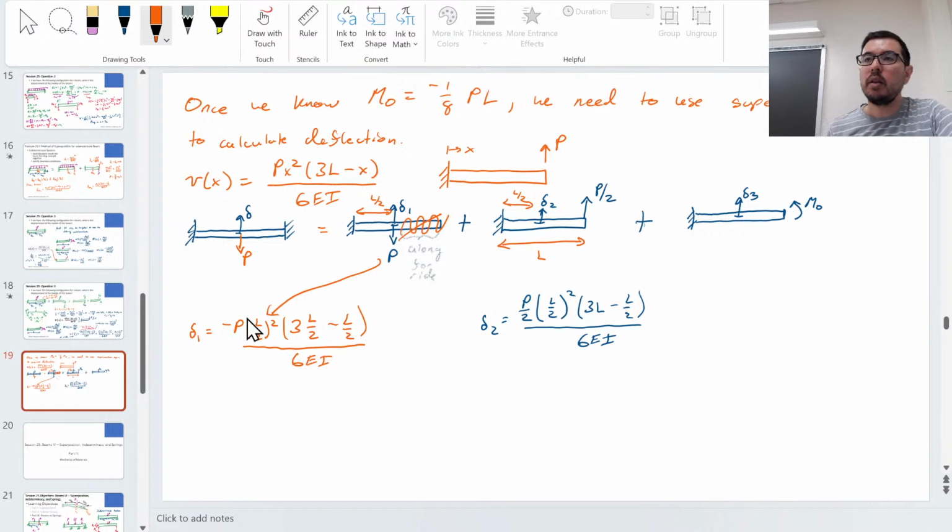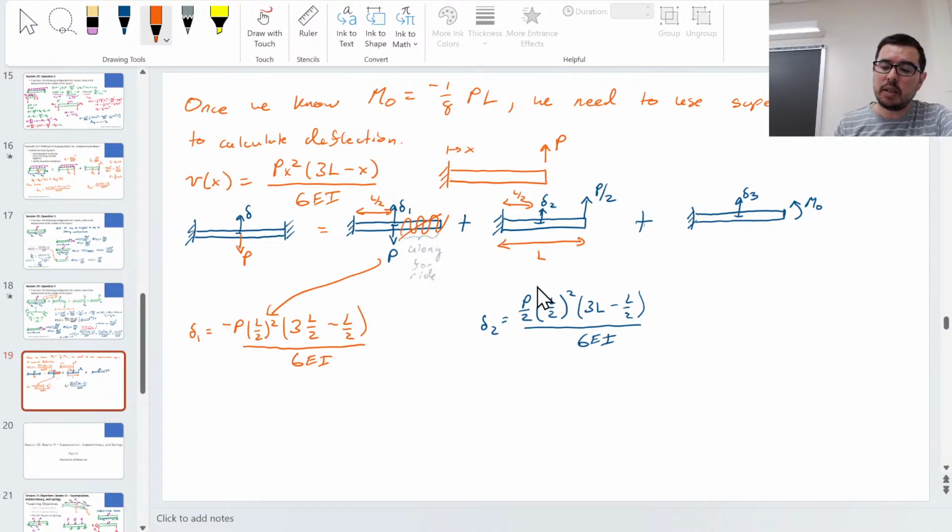Wait, question for the second one? Other than just plugging in X, doesn't it seem weird that we're multiplying the force by the distance from the displacement and not from the distance from the force, when you do the P over 2 L over 2 squared?